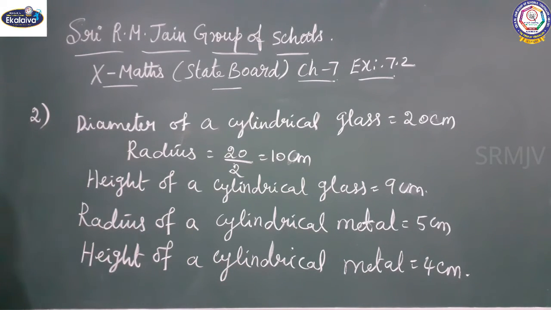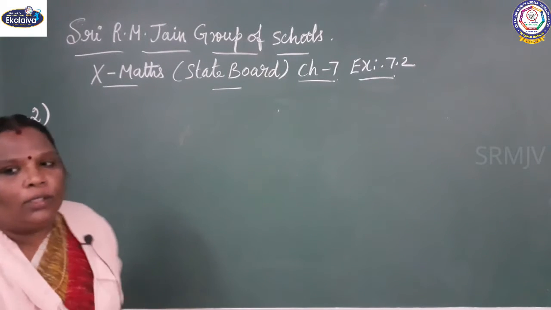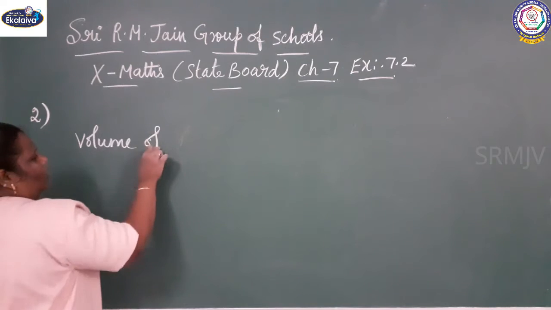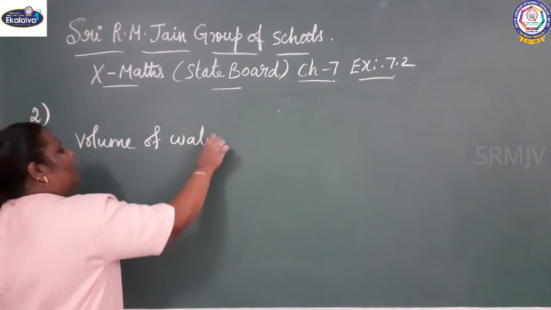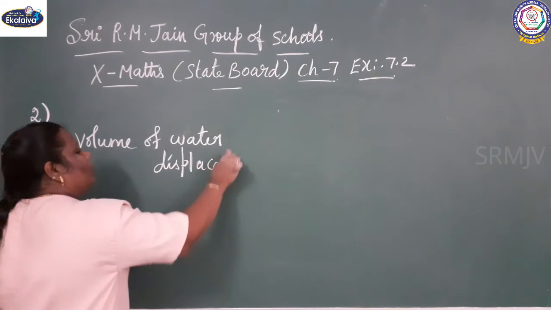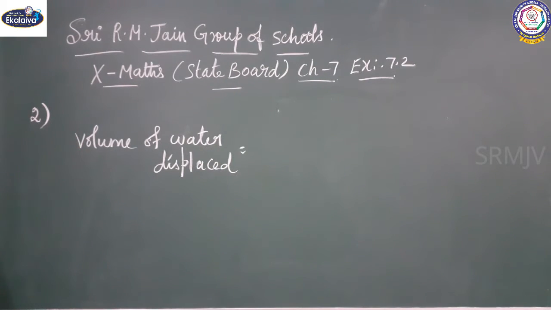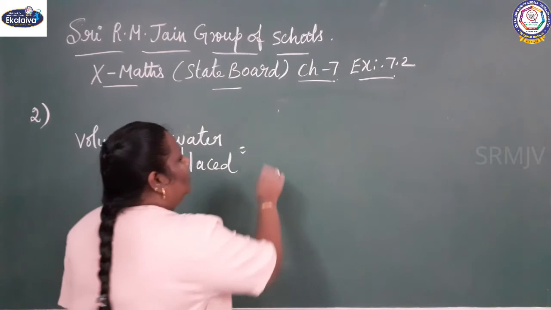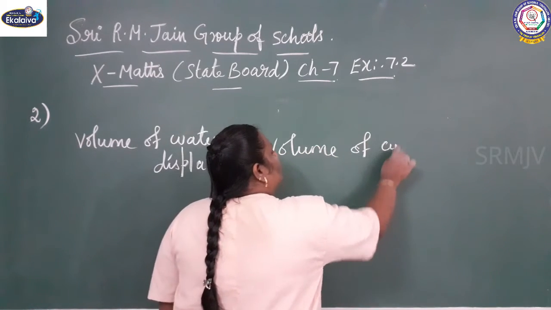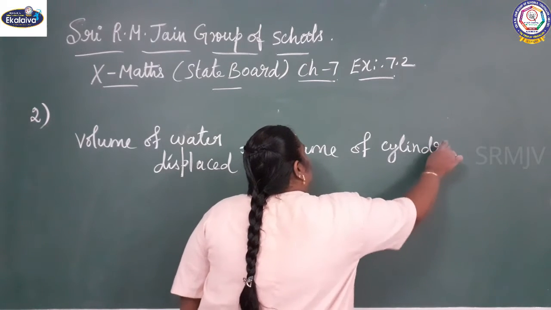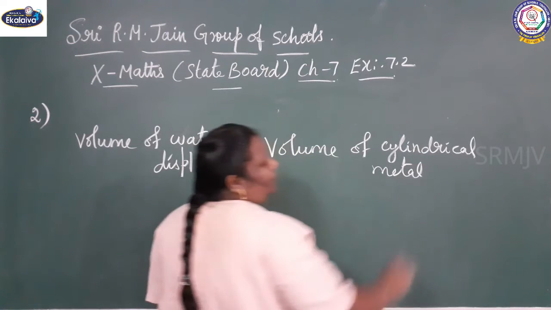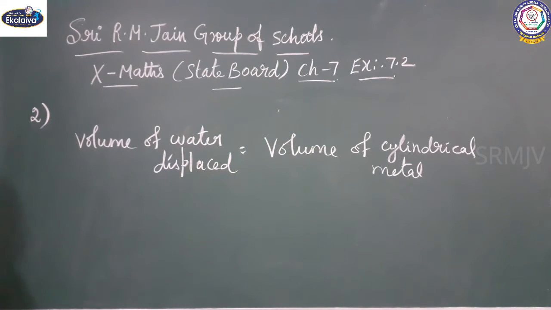See here, volume of water displaced equals volume of cylindrical metal. What is the formula for the volume of a cylinder? Pi r square h into cubic units.